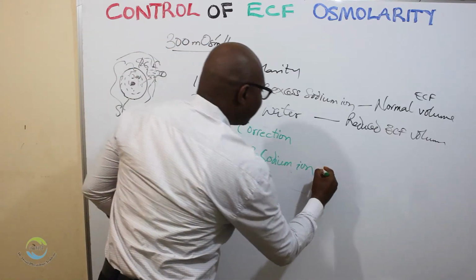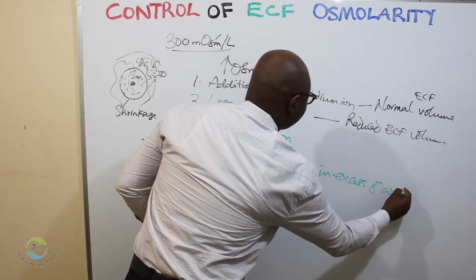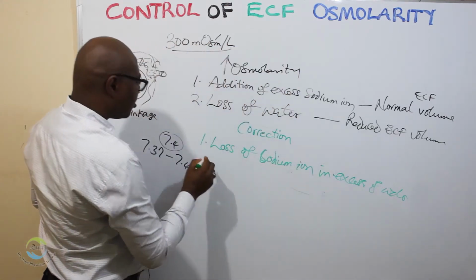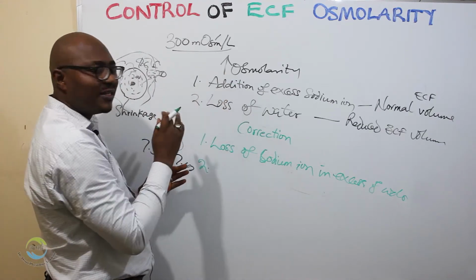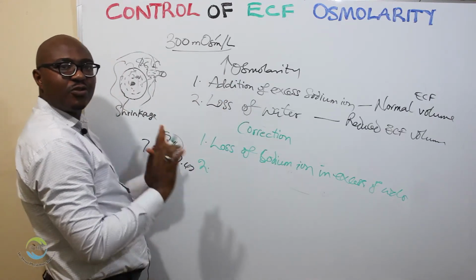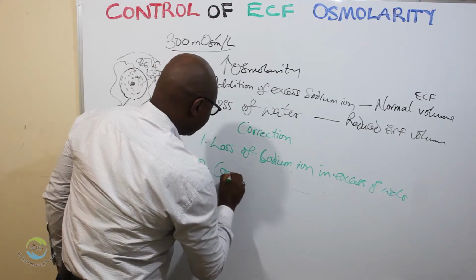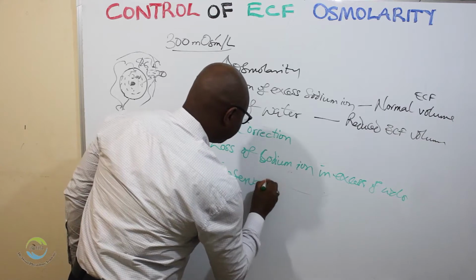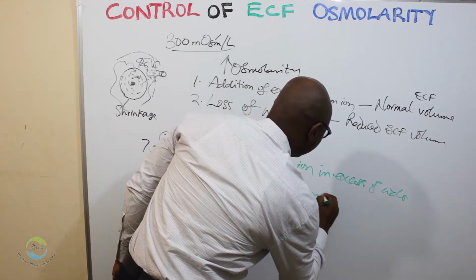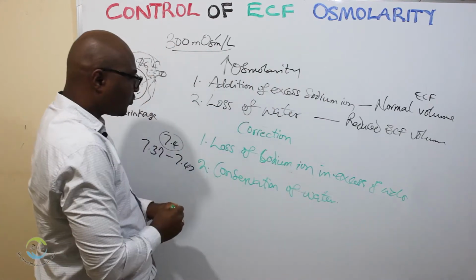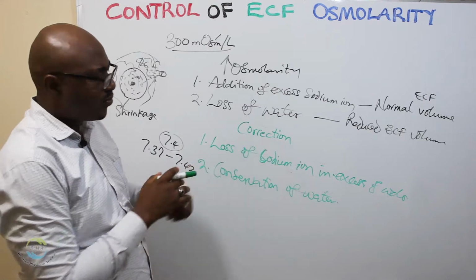Loss of sodium ion in excess of water. Then another one, since it is loss of water that can lead to this, that means conservation of water can solve the problem. So we have conservation of water.